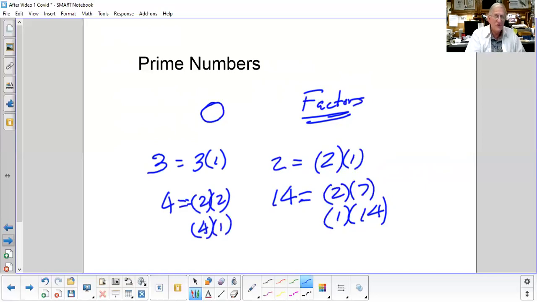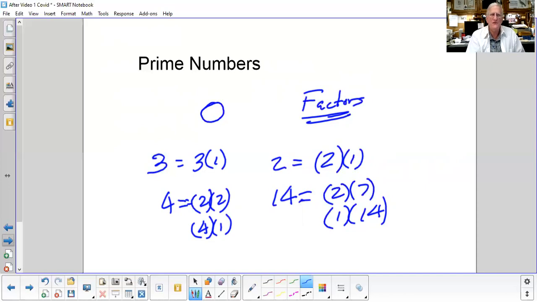So if there's no number that goes into the number in question, except for 1 and the number itself, no other number divides into it evenly, we know the number's prime. Now, is the statement I'm about to make true or false? All prime numbers are odd.